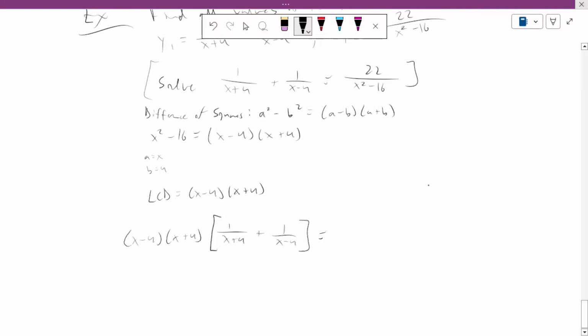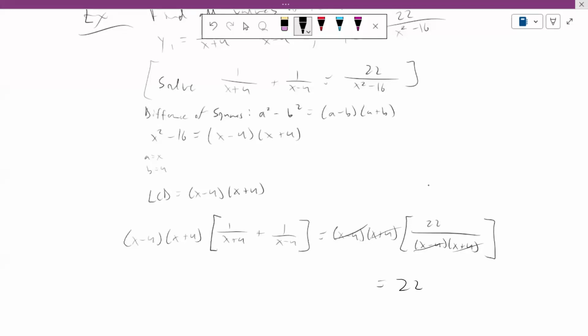On the right-hand side, it's x minus 4 times x plus 4 times 22 over, and I'm going to factor x squared minus 16 as x minus 4 times x plus 4. The right-hand side is really nice: x minus 4 cancels with x minus 4, x plus 4 cancels with x plus 4. They cancel to 1, so the right-hand side is just 22.